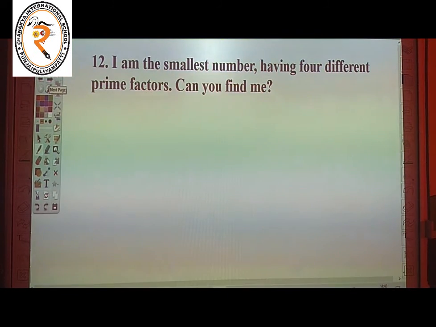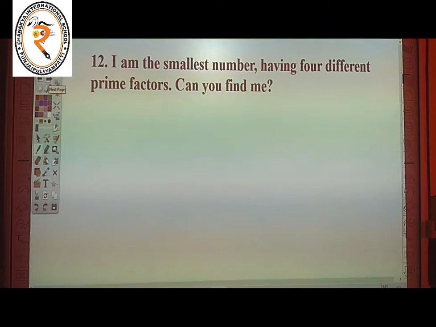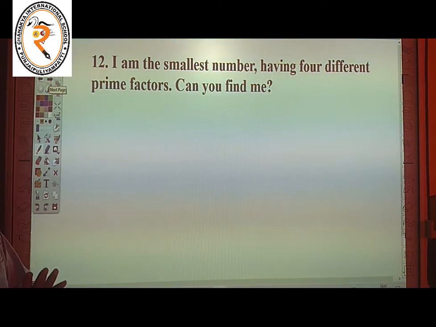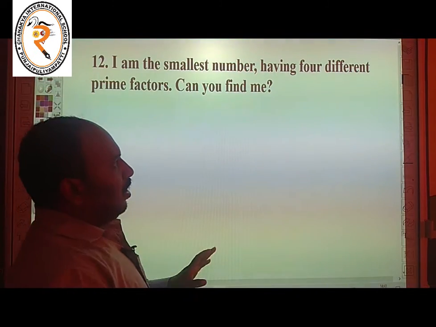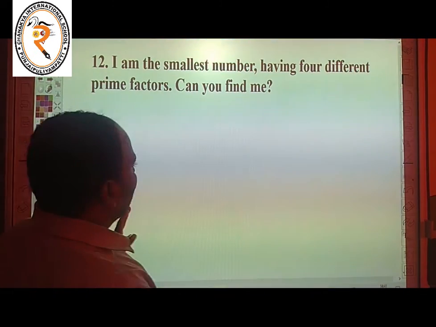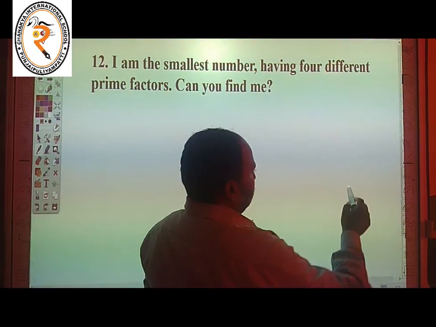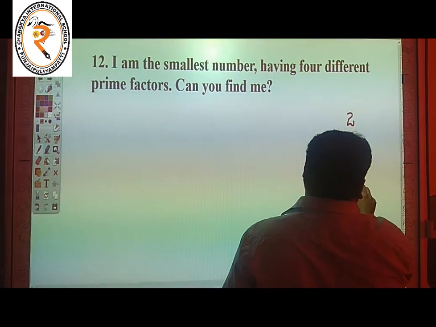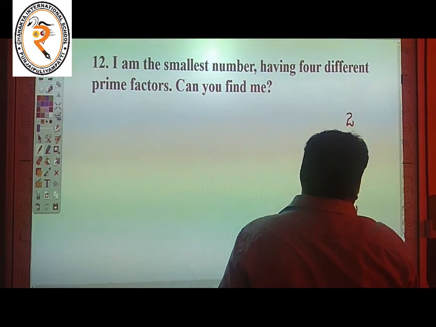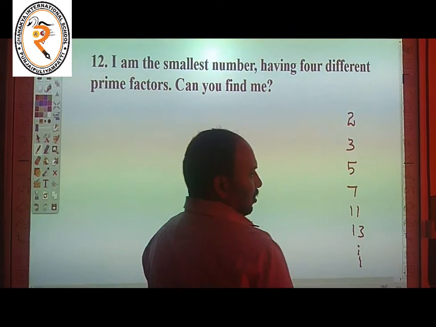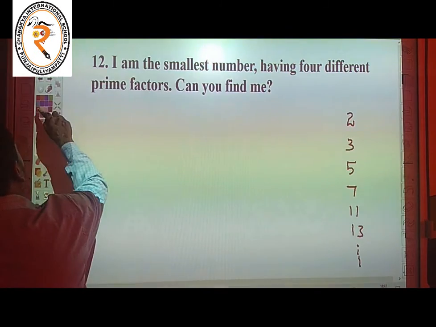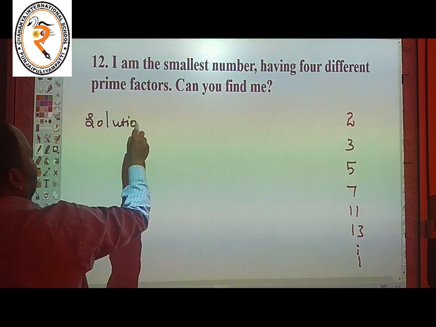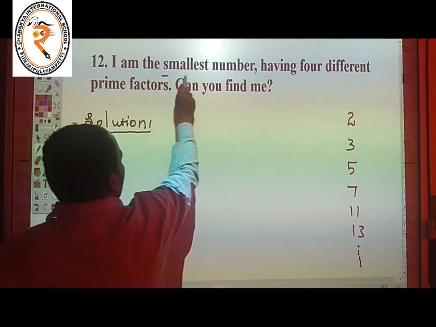The next one, question 12. I am the smallest number having 4 different prime factors. Prime factors means 2, 3, 5, 7, 11, 13 and so on. Here our question is about the smallest number.